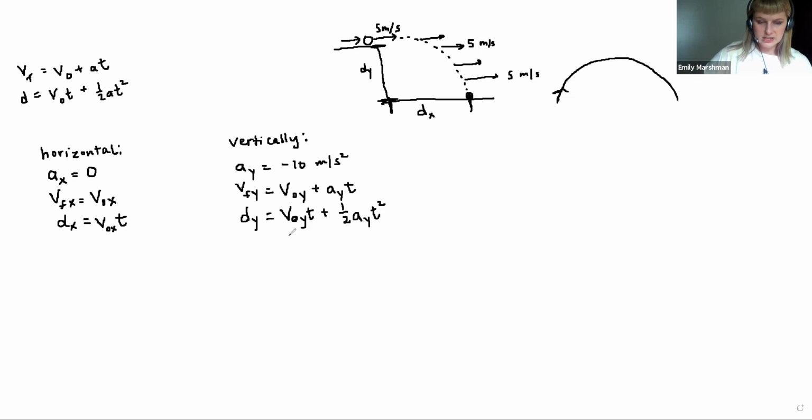So an interesting thing to think about is, would the time of flight change for whether an object is simply dropped straight down from a certain height, or whether an object has shot off the edge like that?